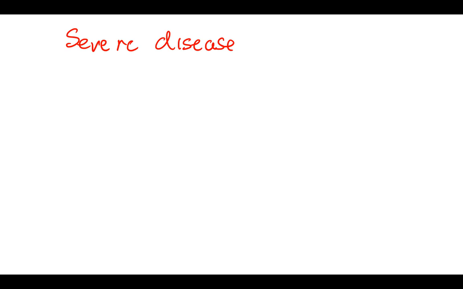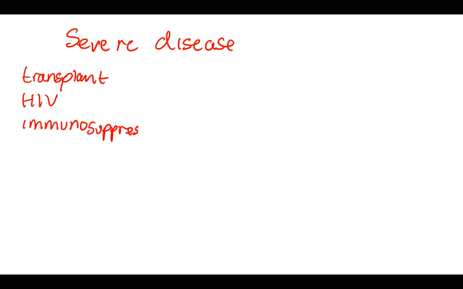So you're going to look at your immunocompromised patients, so patients with transplants, patients with HIV, patients on immunosuppressants for autoimmune diseases. That can be anything from rheumatoid arthritis to anti-cancer agents, so patients with cancer as well are at increased risk of severe disease.